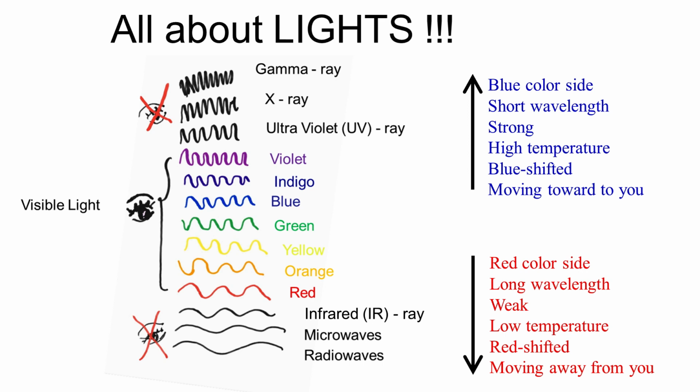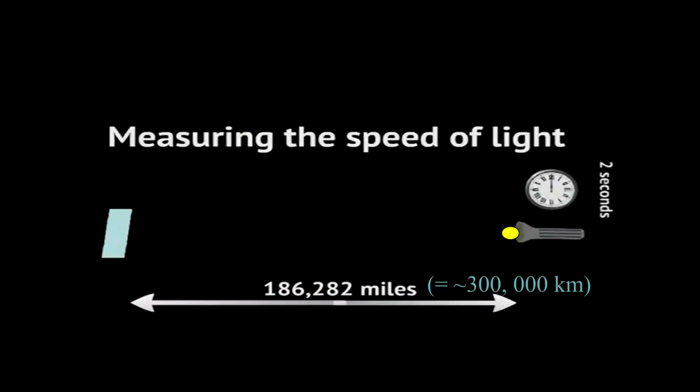What about the speed of light? Nowadays, we can measure the speed of light. When you shine the light toward a mirror, the light is reflected, and then a machine can detect the moment the light returns.